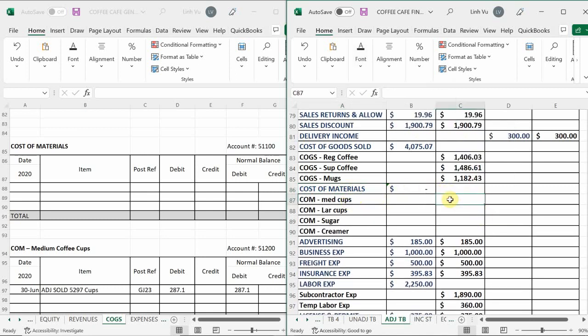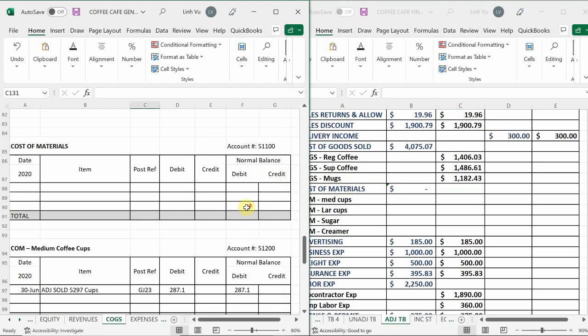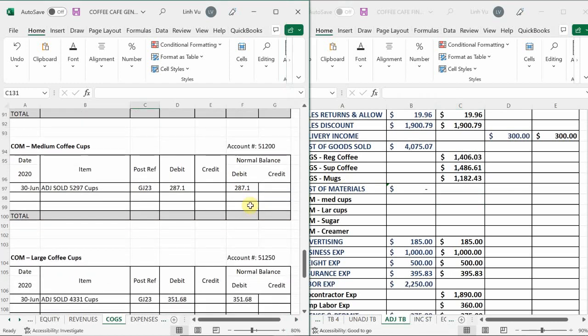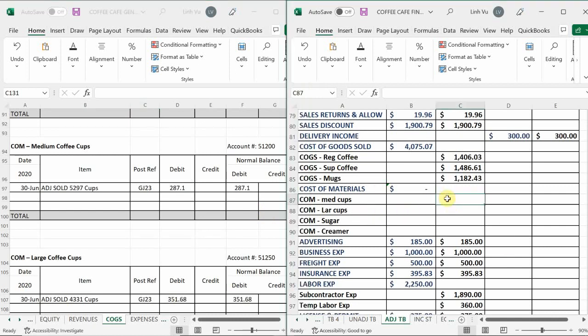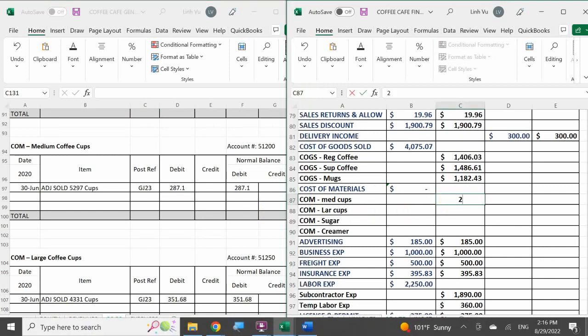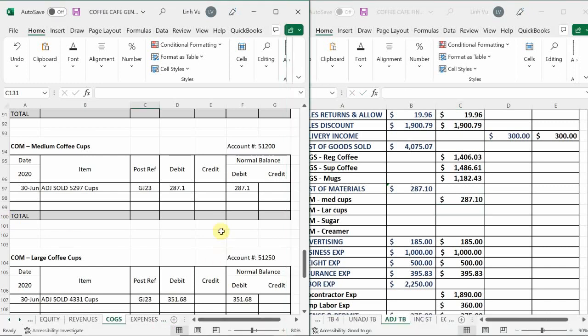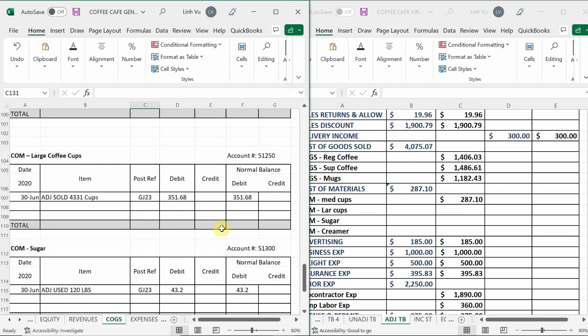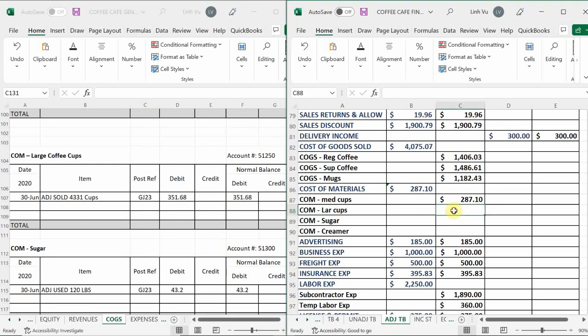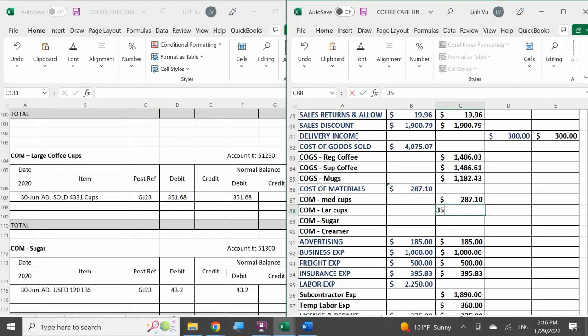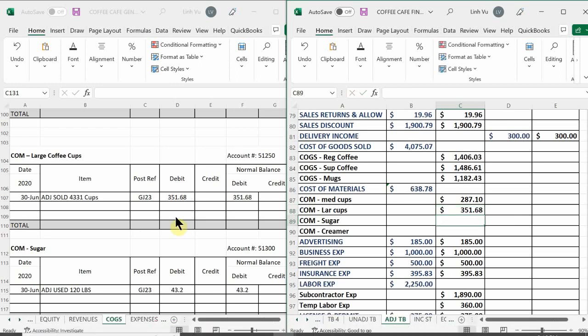Okay. So the first one here for the cost of materials for the medium coffee cups, right, gave me a grand total of $287.10. Okay. Next one is going to be for the large cups, which cost me $351.68. Okay.